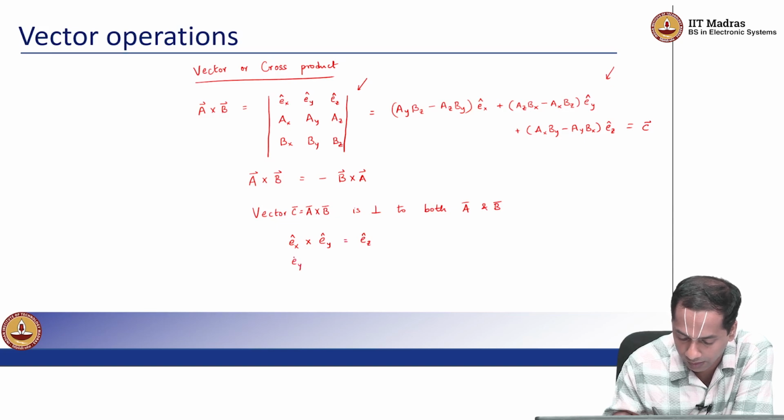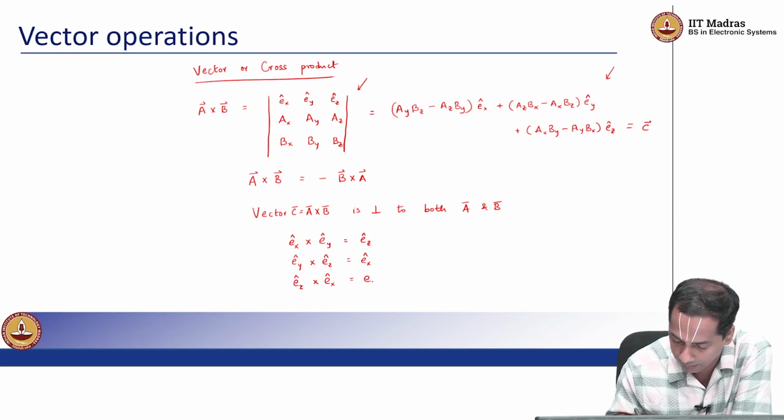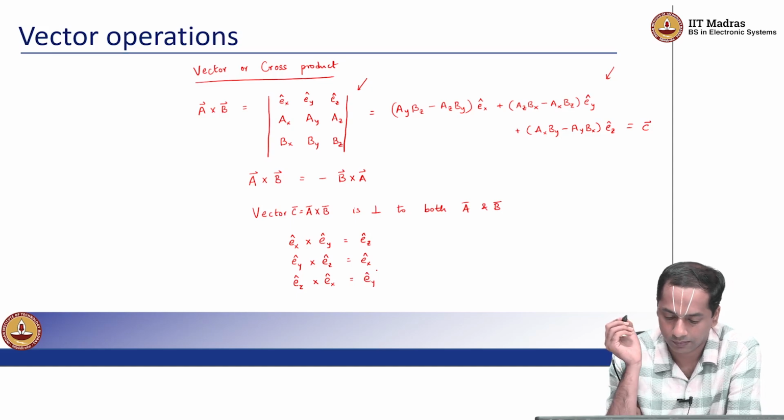Similarly, if I preserve the order, Ey, Ez gives me Ex, and Ez, Ex gives me Ey.